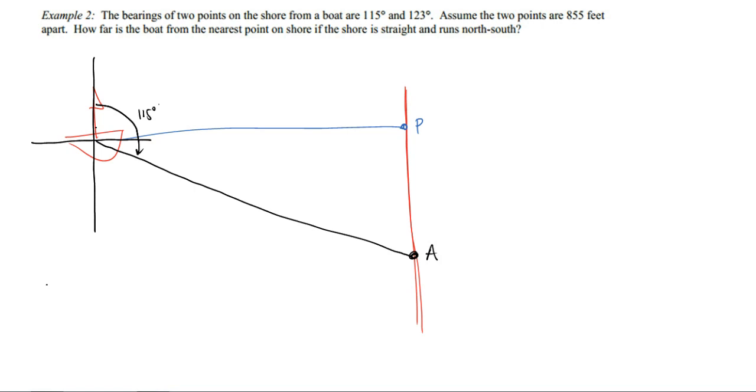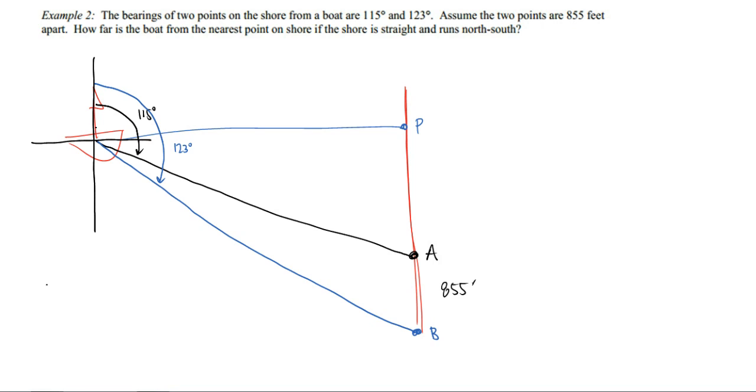We also have another bearing of 123 degrees, so that's going to shoot out like this. And we'll call that point B. So that blue line is 123 degrees. And the last piece of information they gave us was that there's 855 feet between A and B.